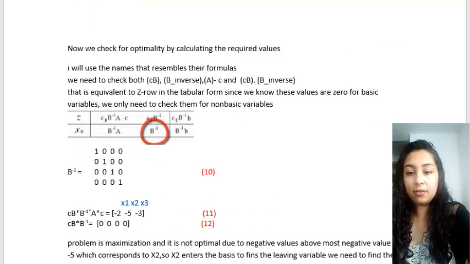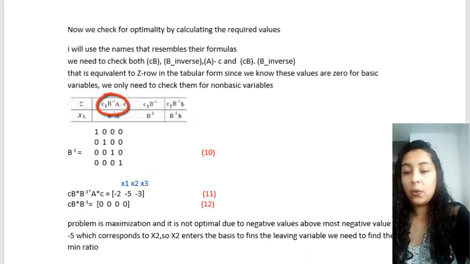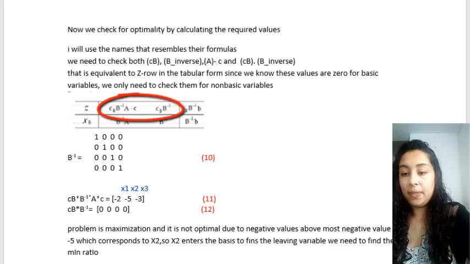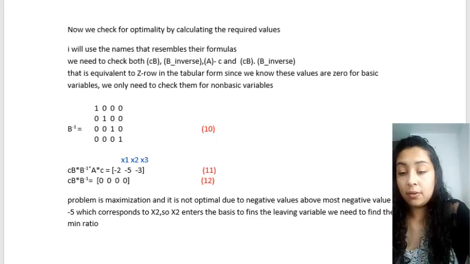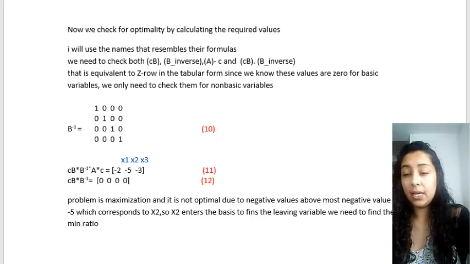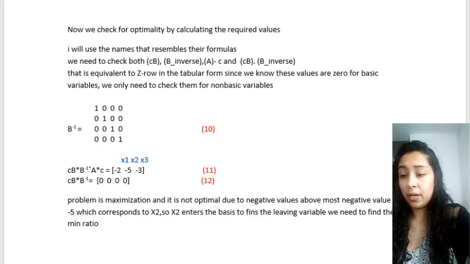We'll find the B inverse. We will find CB B inverse and then CB B inverse minus C. These values are the optimality condition, to identify whether the problem is optimal or not.